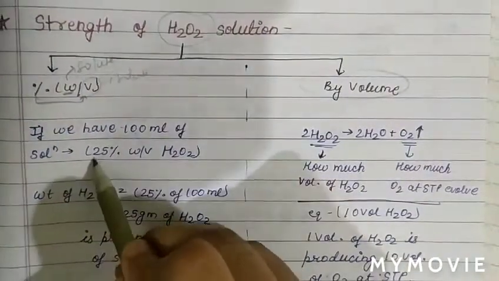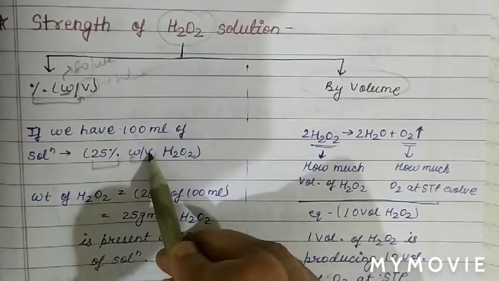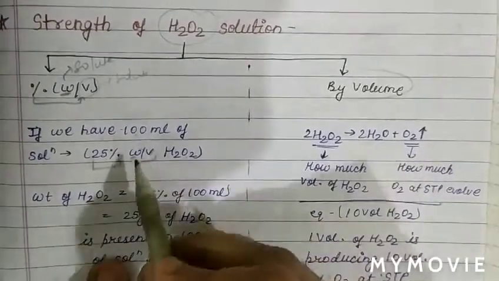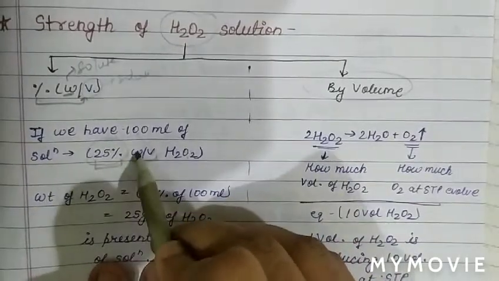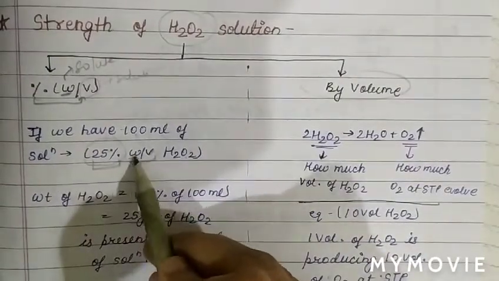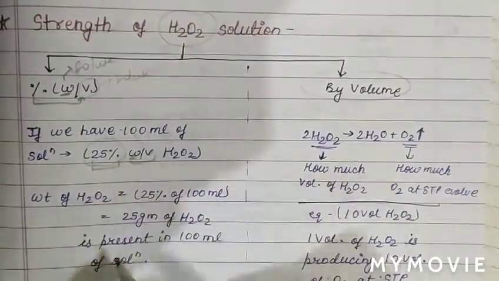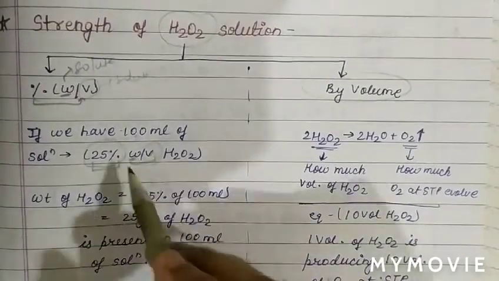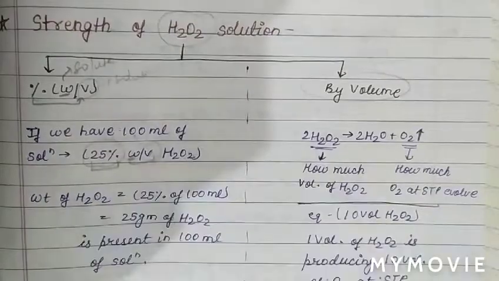If we have 25% weight by volume H2O2, it means 25 gram of solute H2O2 is present in 100 ml of solution. Similarly, 20% weight by volume H2O2 means 20 gram of H2O2 in 100 ml of solution.